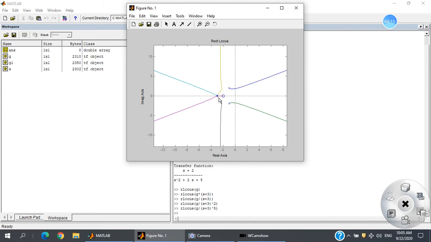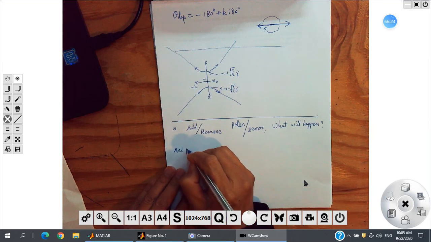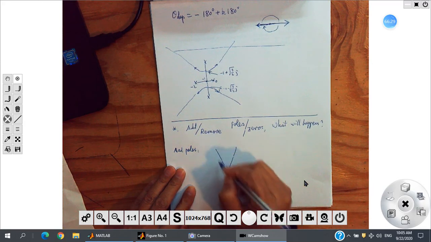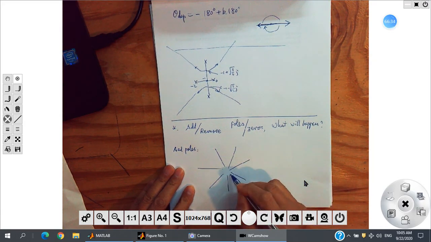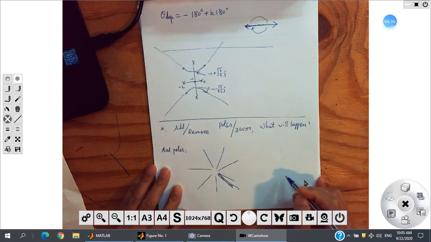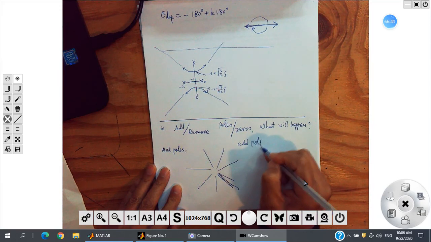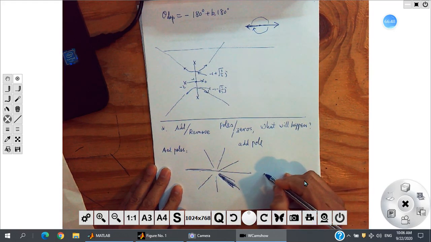So what happened here? Let's look at it together. Suppose we have this, and we add a pole. This one I have 7 directions; now I will change it to 8 directions.